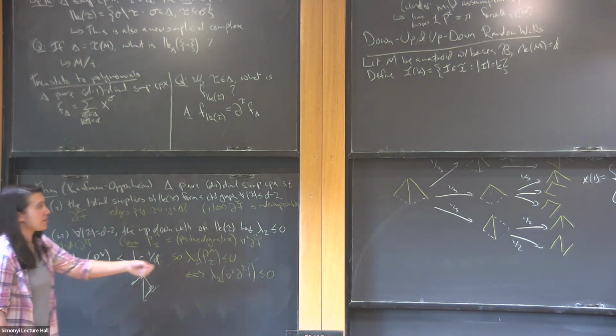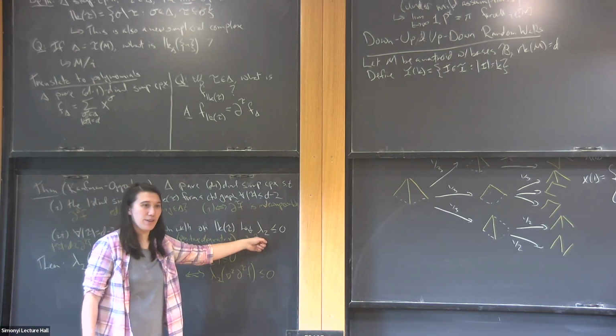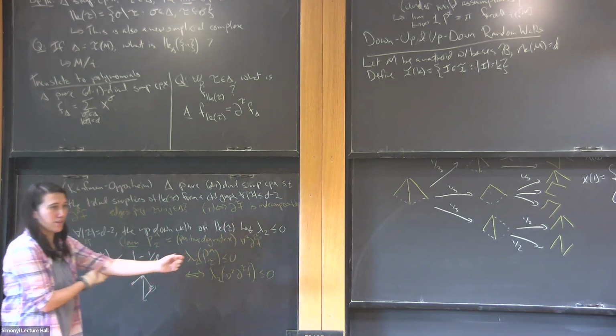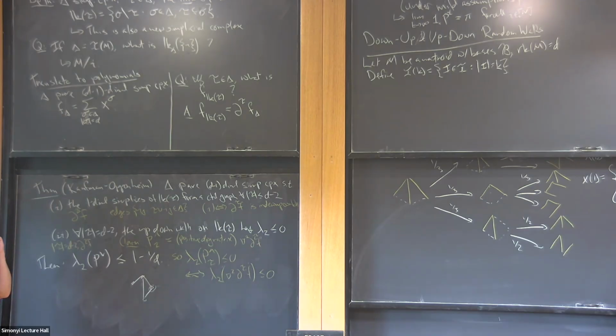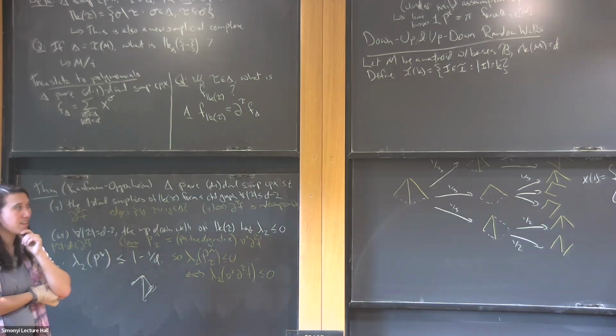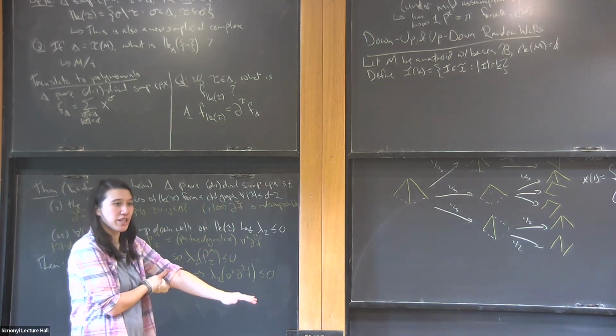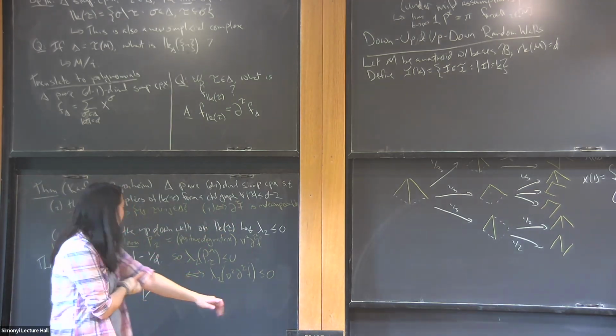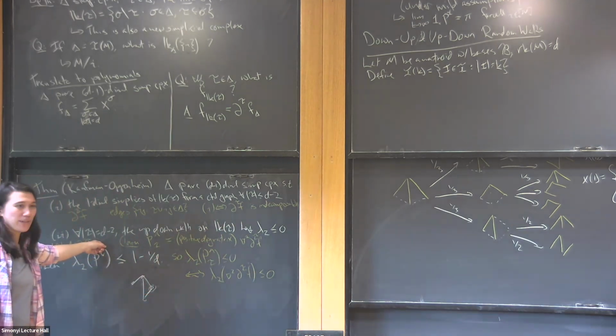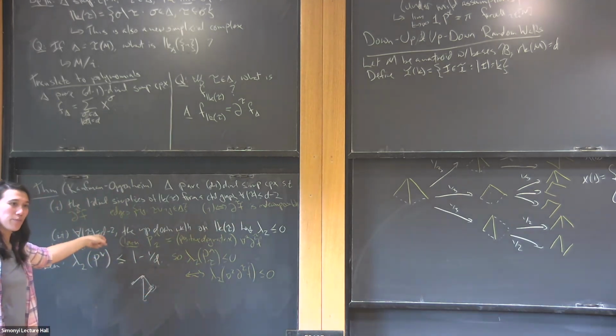I think this is also a difference between up-down and down-up. But because the link is so small, maybe it's more reasonable to hope for this. The difference in situation is that one is much more global, and this one is the local lambda 2 that we're looking at. Yes, the Diaconis-Stroock thing is just a fact about Markov chains. And then this is a condition that we can check on one very small Markov chain.